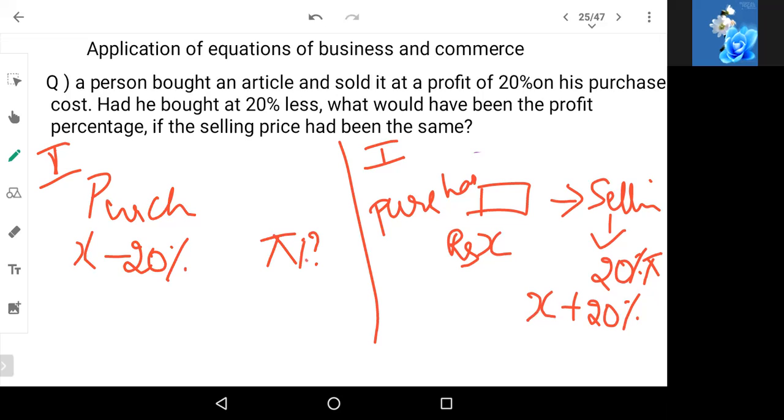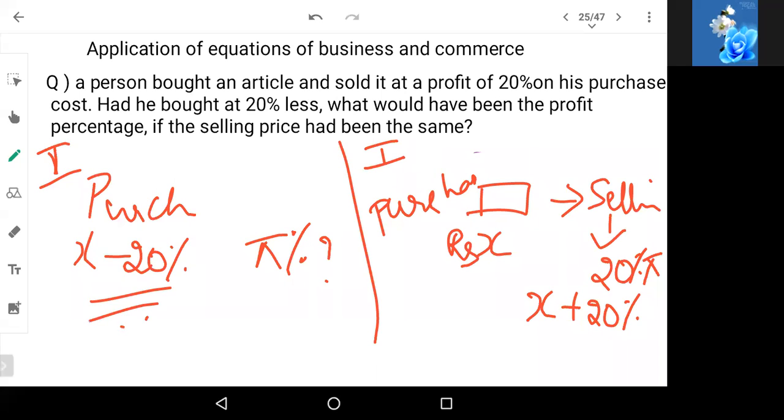Okay, profit is also denoted by this symbol. You can just write like this, this also means profit. So they're asking us what is the profit percentage in this scenario.